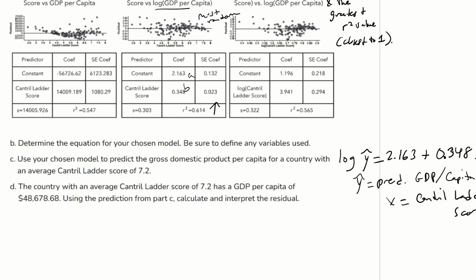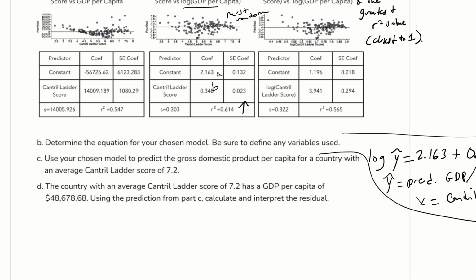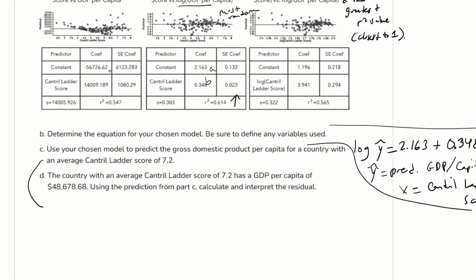And then for part C, use your chosen model to predict the gross domestic product. So let's do that, part C. Predict the gross domestic product per capita for a country with an average Cantril ladder score of 7.2. So x is 7.2. So log y hat equals 2.163 plus 0.348 times 7.2.